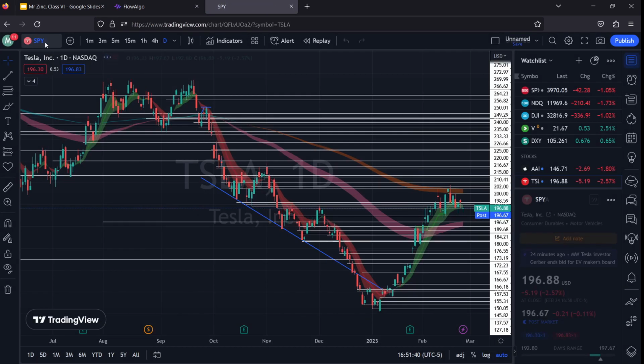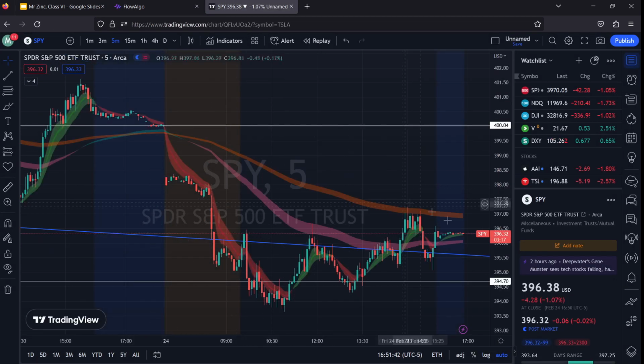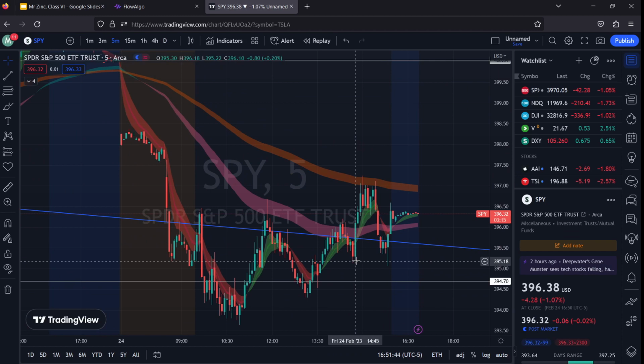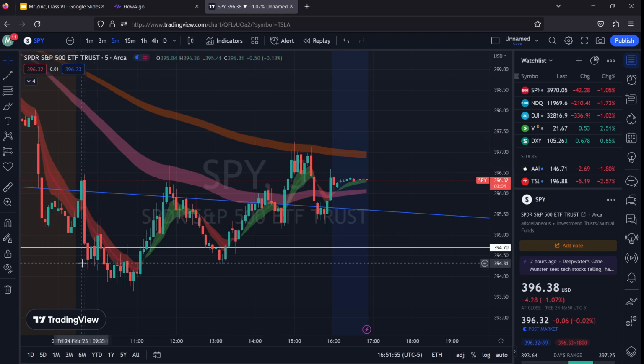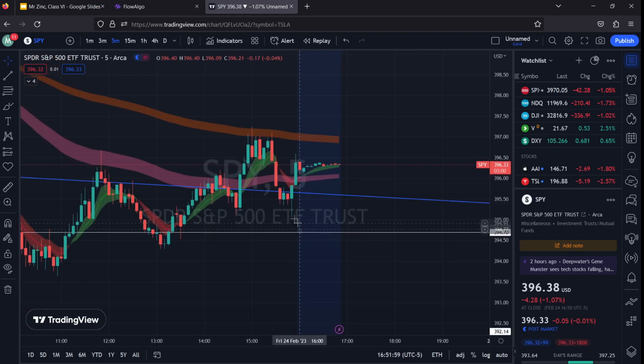So we go to SPY, we go on the 5-minute chart, 330. Where is that here? 330 was this candle right here. The candles on TradingView are delayed by 5 minutes if you didn't know, because it takes some time for them to form. So this is a 330 candle, pretty much bottomed out here.